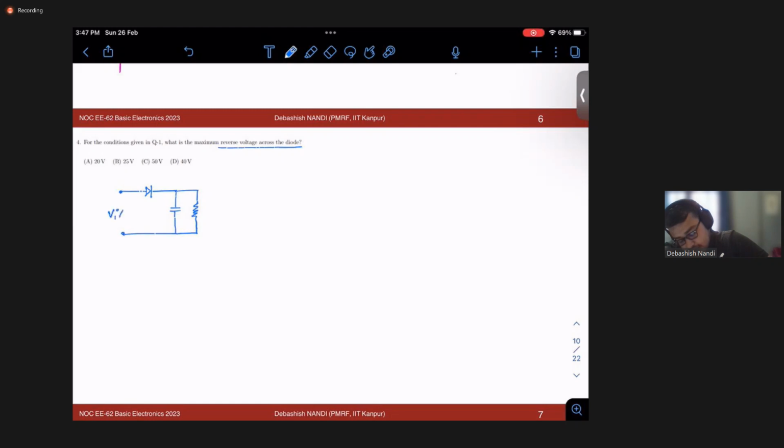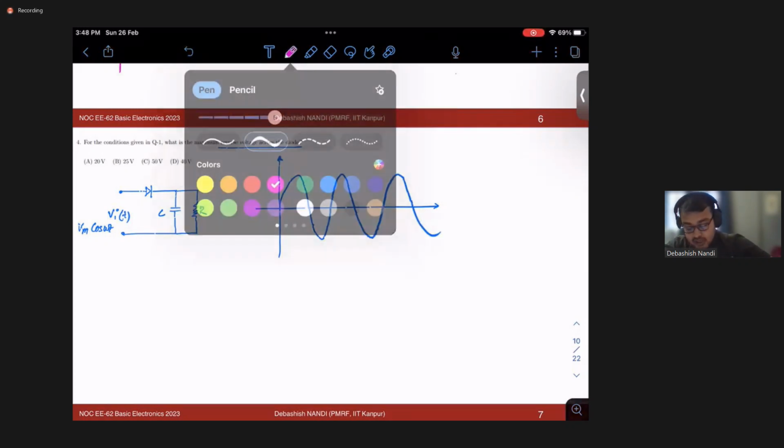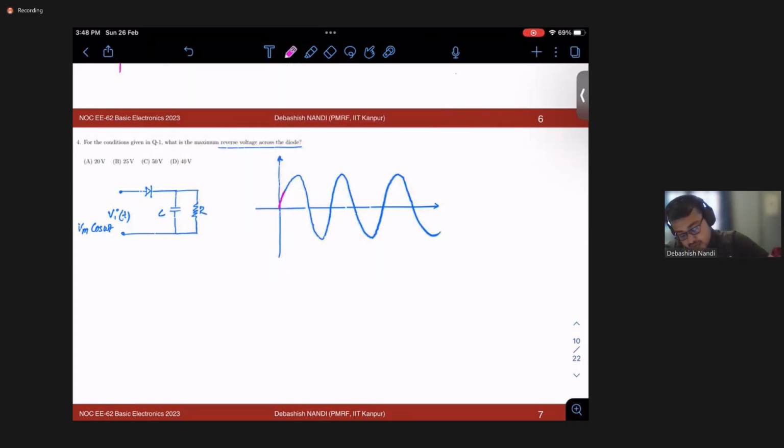This is my V in, which is Vm cos omega t per se. This is C, this is R. So my input voltage is like this. What about my output voltage? Output voltage is like this, right?